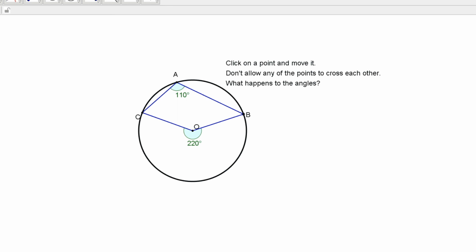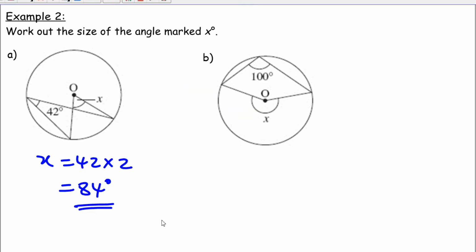You're going to use the same idea to work out this question. And we can clearly say that x will be equal to 2 multiplied by 100, which will be 200 degrees.